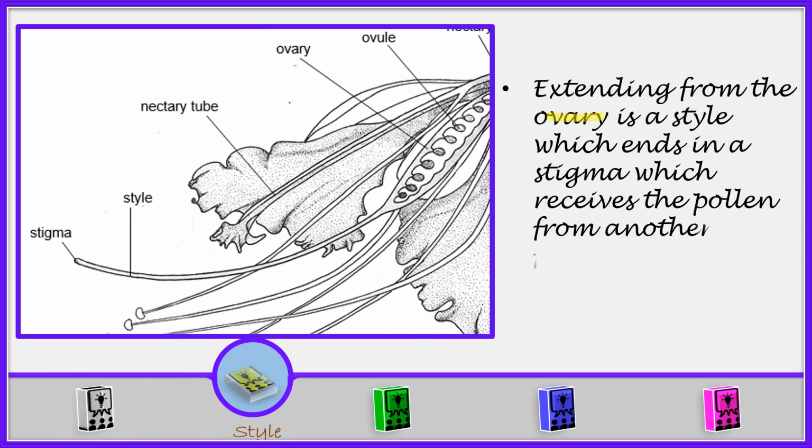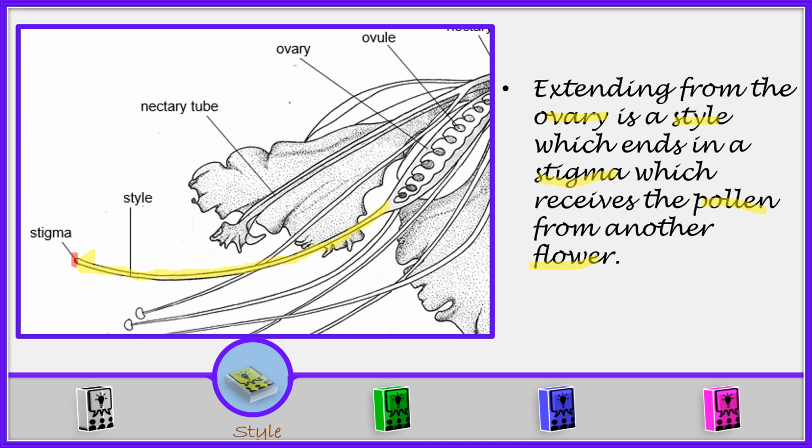Extending from the ovary is a style, which ends in a stigma, which receives the pollen from another flower. So we have an extension coming from the ovary, moving up, called a style, and the style ends in a part which we call the stigma.